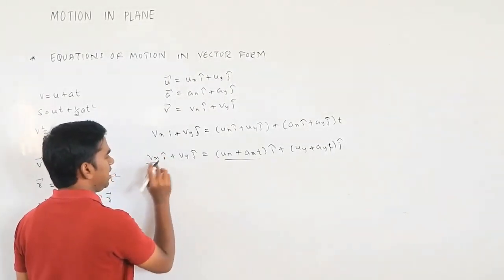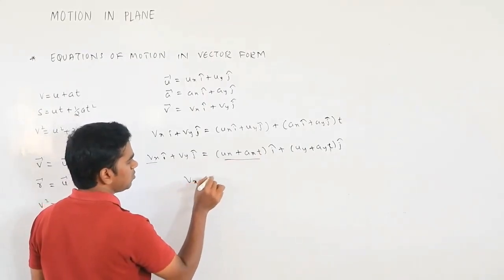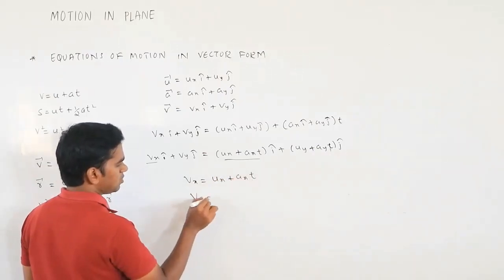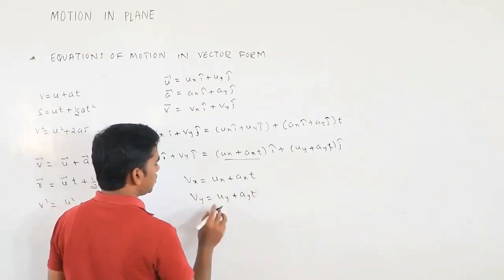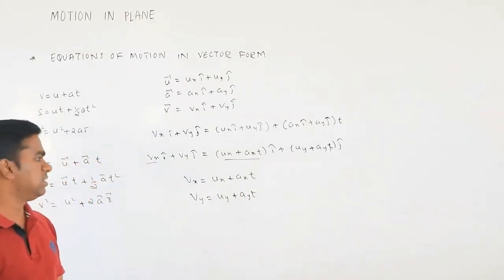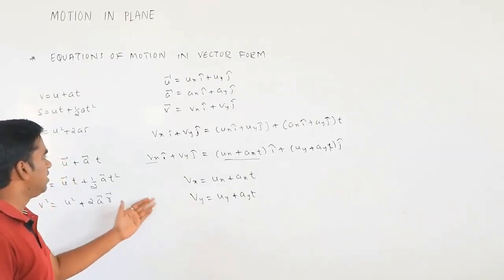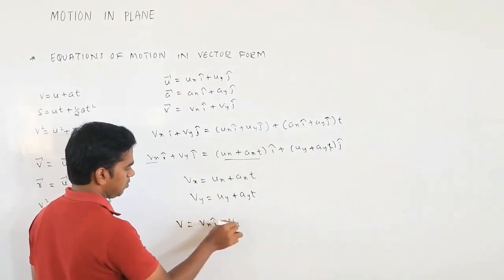So the x component: vx equals ux plus ax into t, vy equals uy plus ay into t. Like this you can find the resultant of the velocity v. Finally you can write v equals vx i cap plus vy j cap.